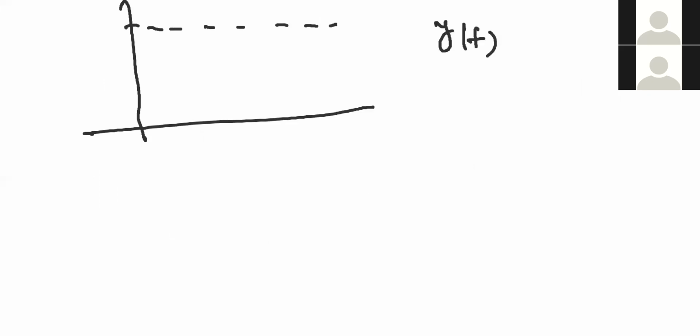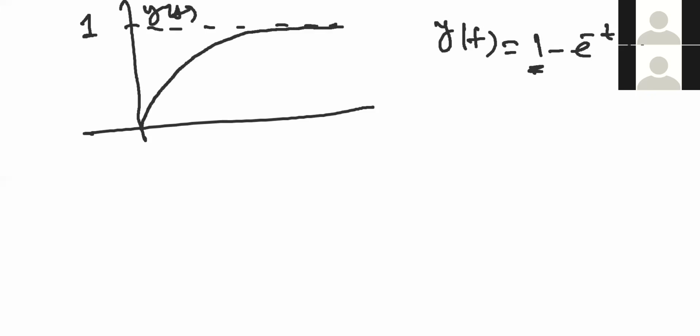Now the delay time can be easily found because you already know much about the transient response. So this is equal to e to the power minus t over tau, and this means this is equal to 1 because of this. And then we have the exponential function, so 1 minus this one, so you are getting y of t. So you plot y of t, and this is the time axis.